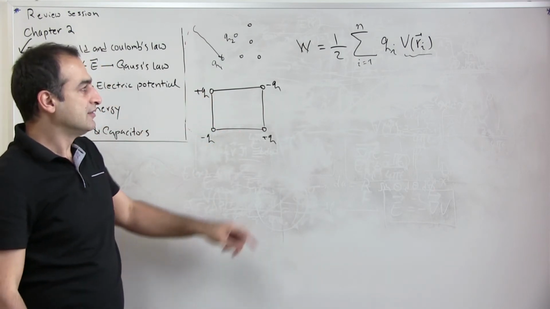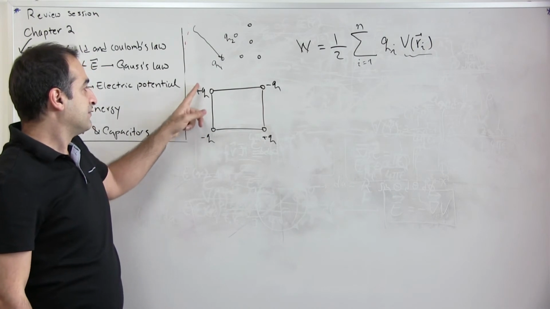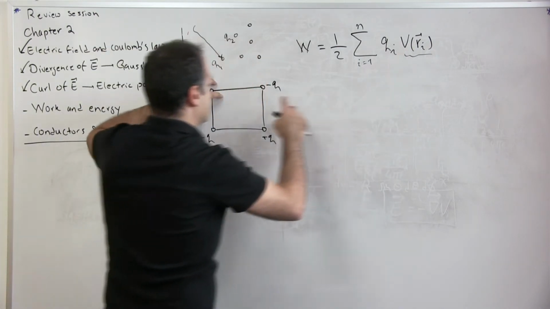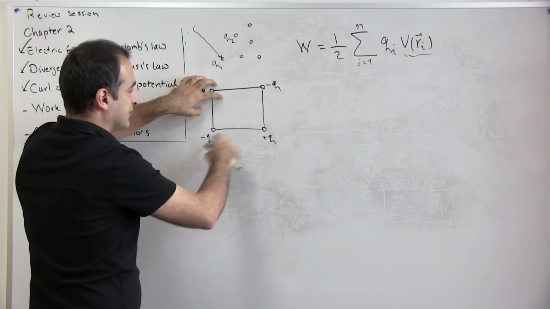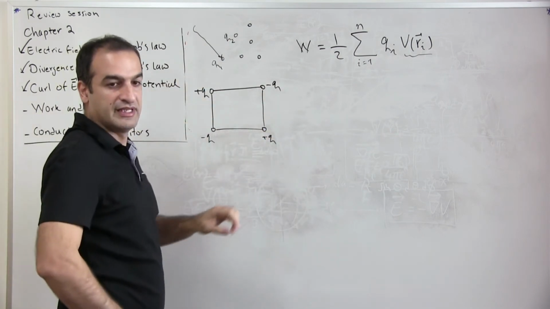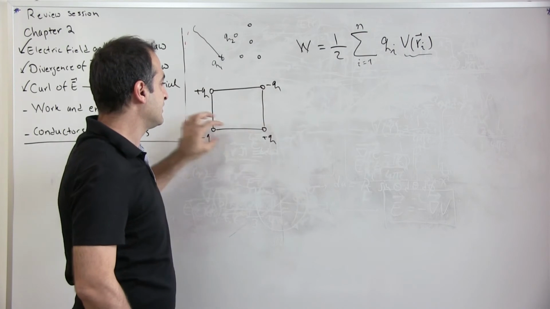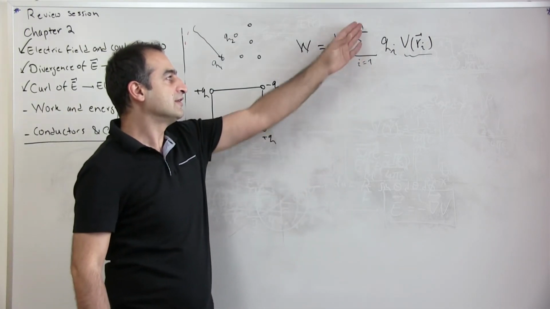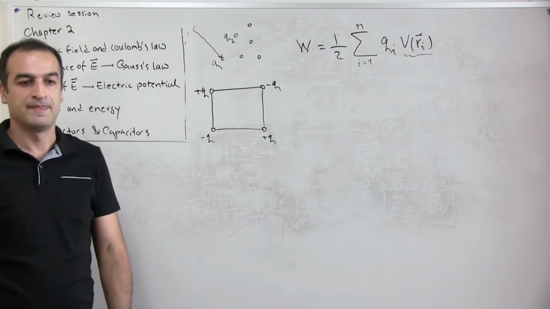Let's say you look at the plus Q and then you look at the potential created by the rest of them, which are the 3 others, at this position. And you repeat the same thing on all 4 charges. So i will run from 1 to 4 for these cases.